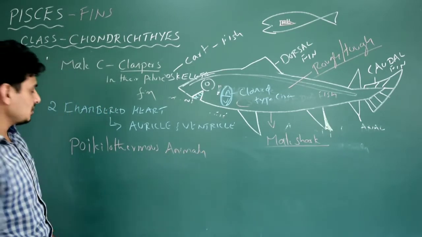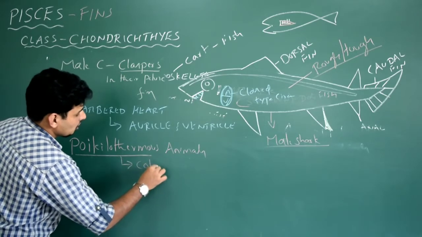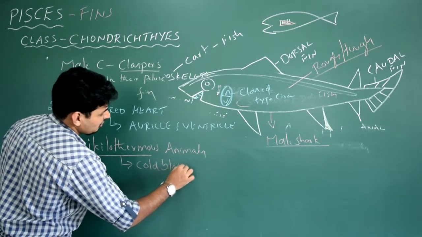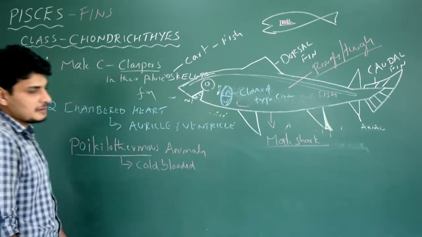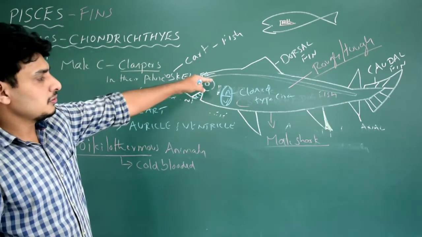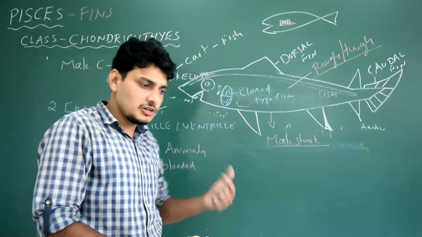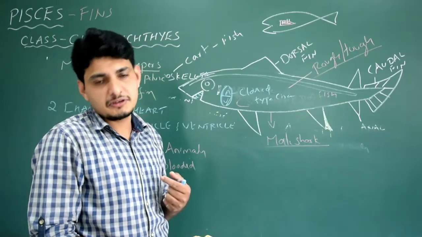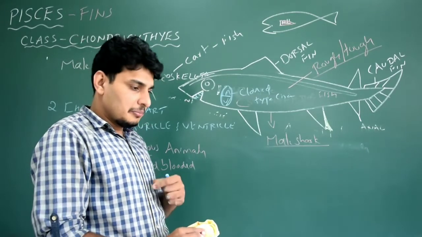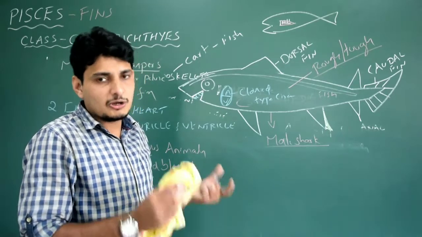What is the meaning of poikilothermous? That means that this particular animal is cold-blooded. What is the meaning of cold-blooded? That means their blood is cold. Nothing like that. Very simple. Each and every organism has to maintain its body temperature. What is the body temperature of a human being? 37 degrees. Correct. If the temperature increases, what's going to happen? It normally bothers us. We call it fever.